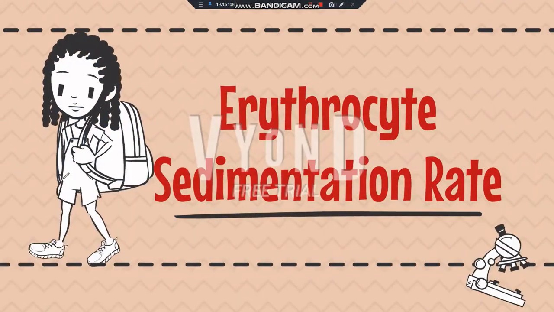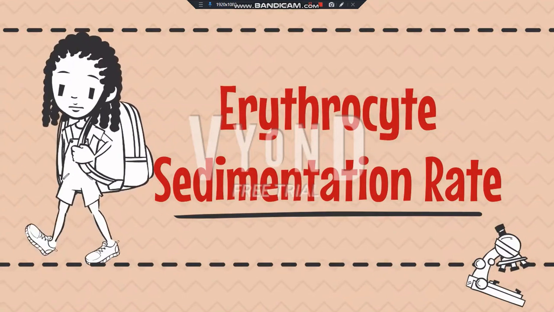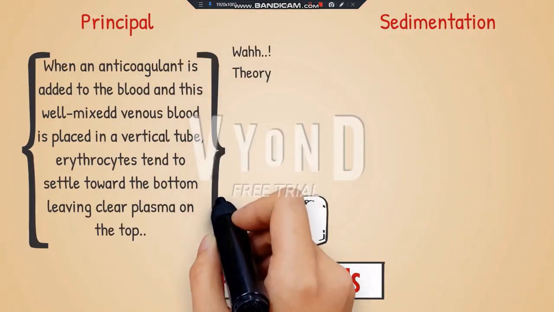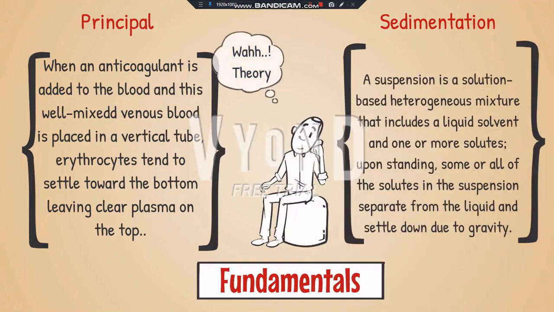Having read about the basics of blood, now let's hop to the main topic: erythrocyte sedimentation rate. Do you know the meaning of sedimentation? It's quite simple. It is the process where particles in a suspension separate out from the liquid and settle down due to gravity. Blood, being a suspension itself, shows this property too. Sedimentation occurs in blood when an anticoagulant like heparin is added, then erythrocytes settle towards the bottom of the test tube.